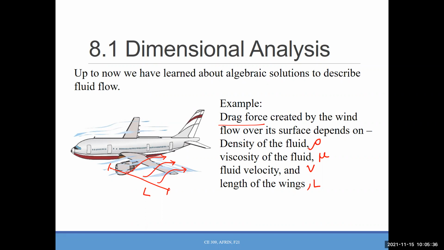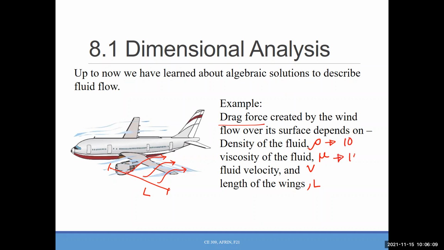Now, when you want to analyze the characteristics of the drag force, you need to consider all of these parameters. And one way to study the effect of these parameters on drag force is to do lots of experimentation. You will change the fluid density and keep all the other three parameters constant, and you can do that 10 times.